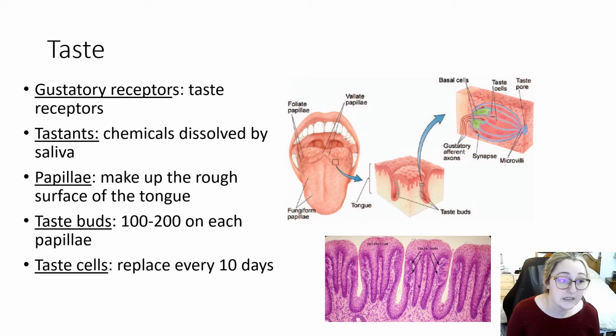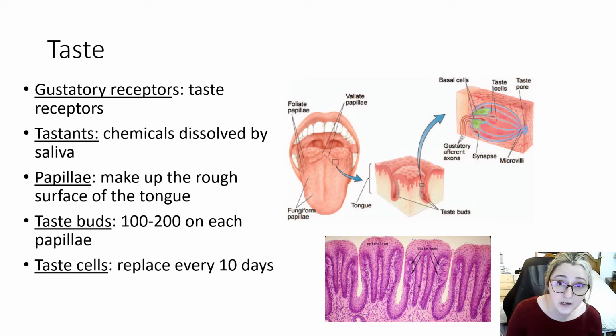Tastants are going to be chemicals that can be dissolved by your saliva. If you try to eat something or taste something after you dry your tongue, so maybe with a towel you pat your tongue dry and you make sure there's no saliva, and you put something on your tongue, such as maybe sugar or cinnamon, onto your dry tongue, and you just hold your tongue out there, you're not going to be able to taste it.